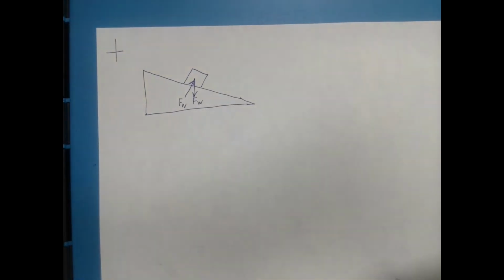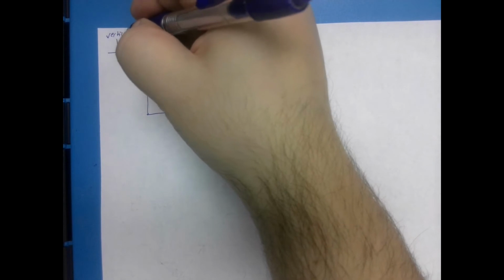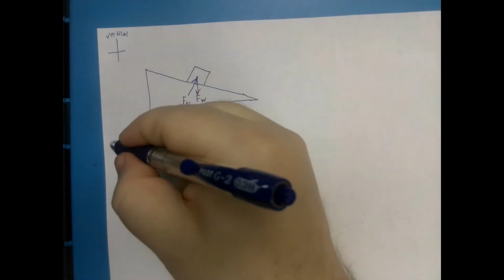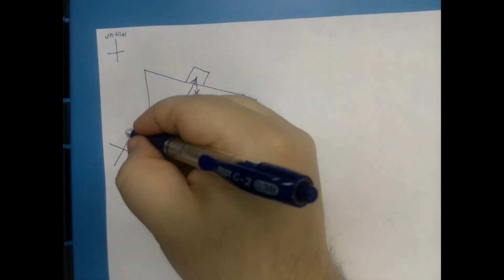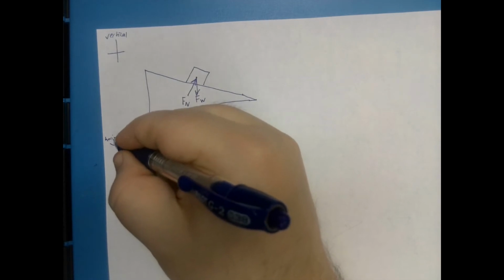So let's do that. Instead of drawing my vertical axis like this, I'm going to draw my vertical axis to be like that. And then I'm going to draw my horizontal axis to be like this. So this is my new vertical, and this is my new horizontal.